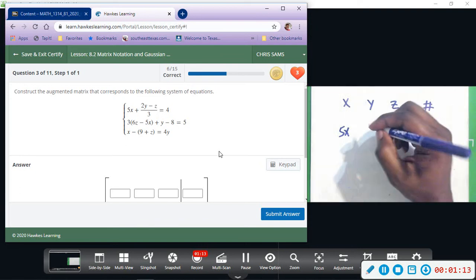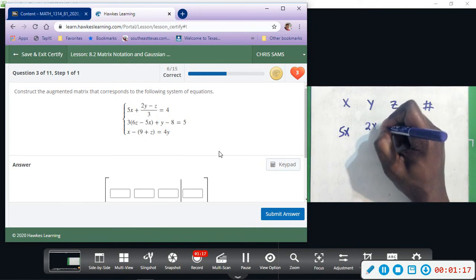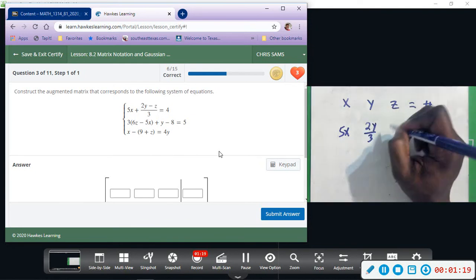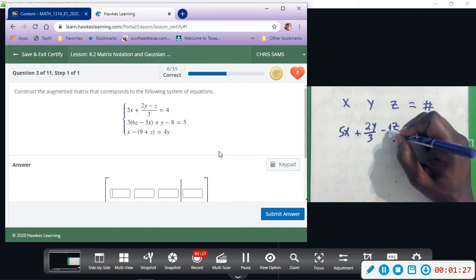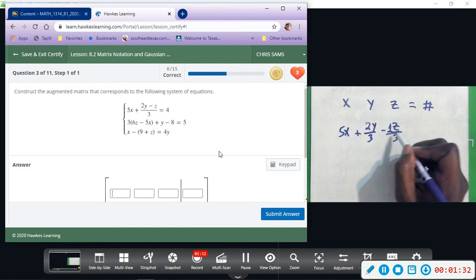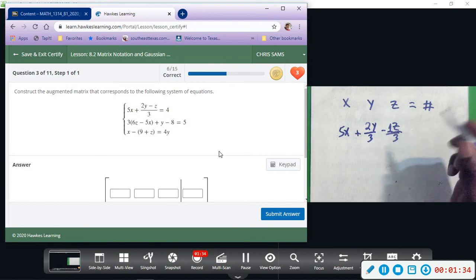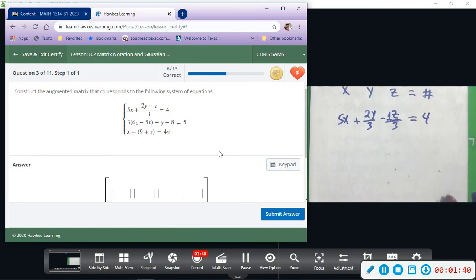So that would be a positive 2y divided by 3, both those terms divided by 3, and then the z value will be a negative z divided by 3. You can understand that there's a 1 there. You will need that when you plug in the number. So this is 1/3 z, negative 1/3 z, and then our number 4. So this is the way you're going to line up each equation. That's just the first one.